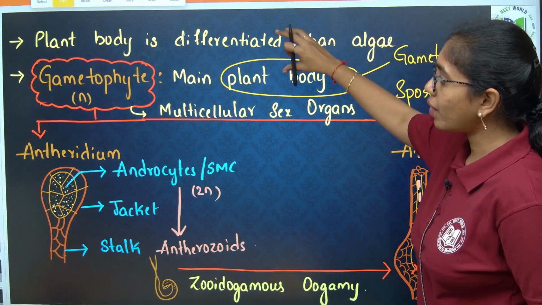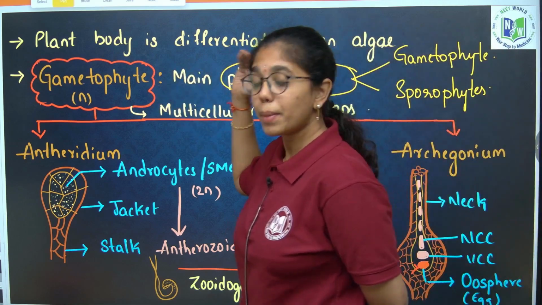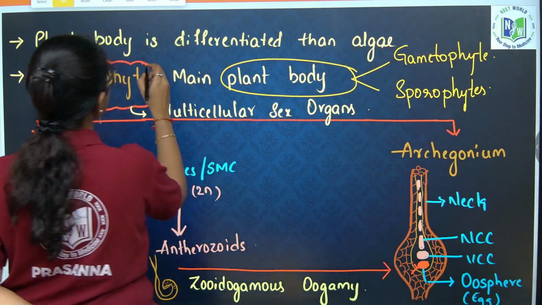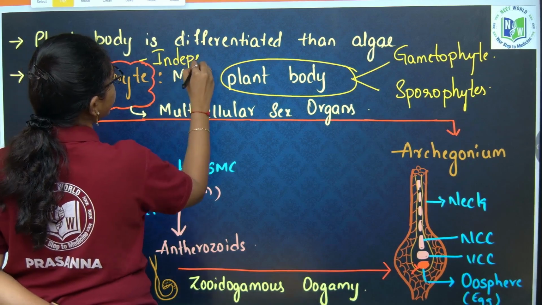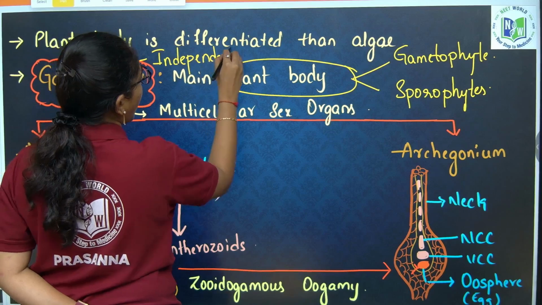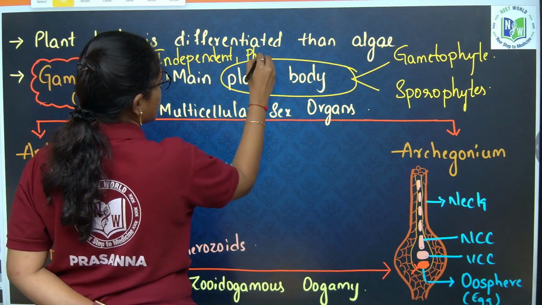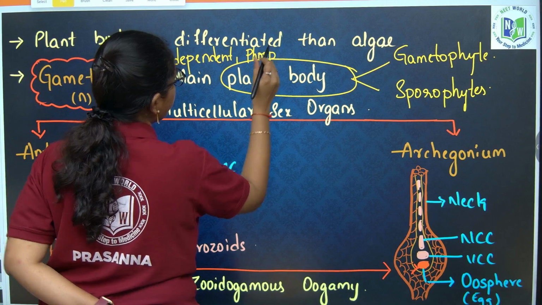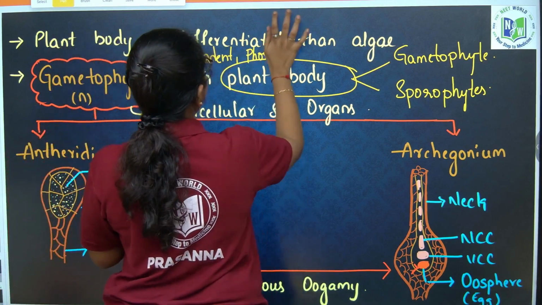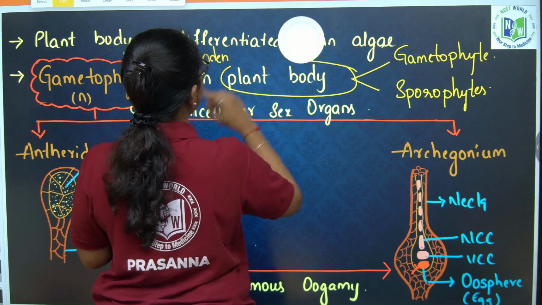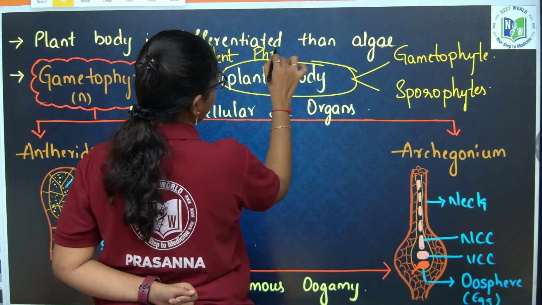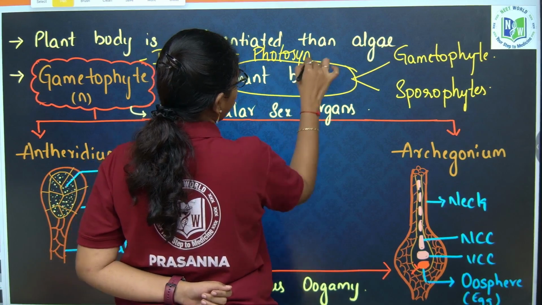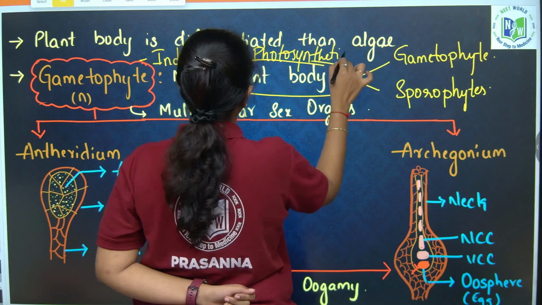In bryophytes, gametophyte is the main plant body. It is because gametophyte is independent and photosynthetic. Clear, beta? Next.